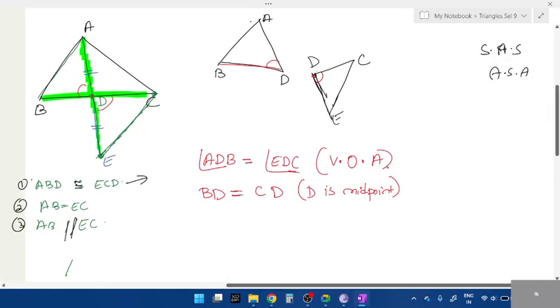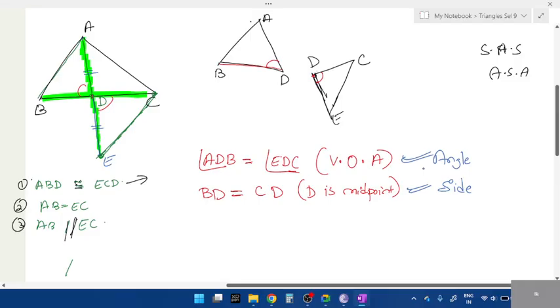So as of now, what are the two things we have found? One angle, and what's the other thing we found? What is this BD? Angle or side? Side. Okay, angle and side is done.